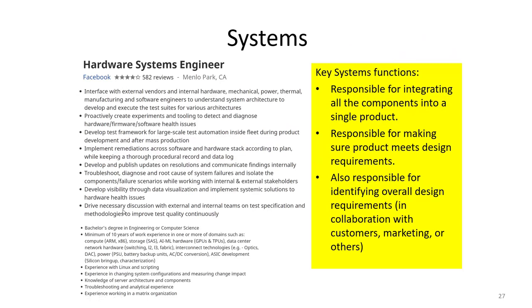Next function is systems. So systems engineers are really interesting because they put all the pieces together. So you remember that design engineers make a single piece. So design engineers typically make one part.